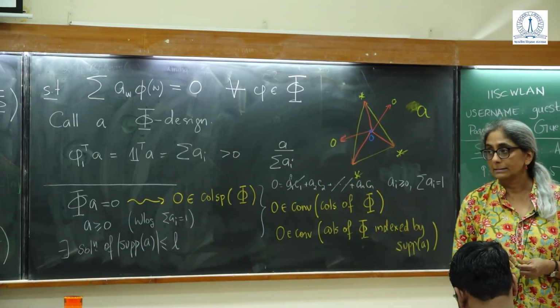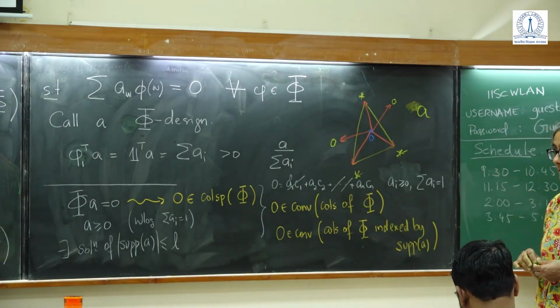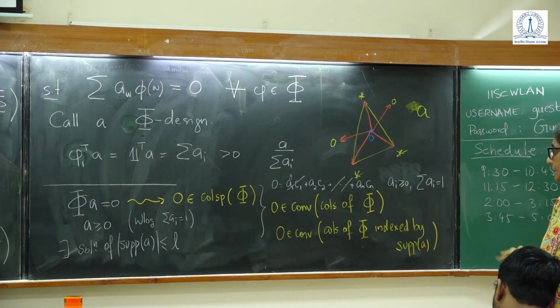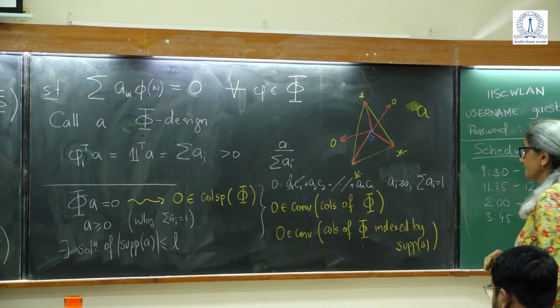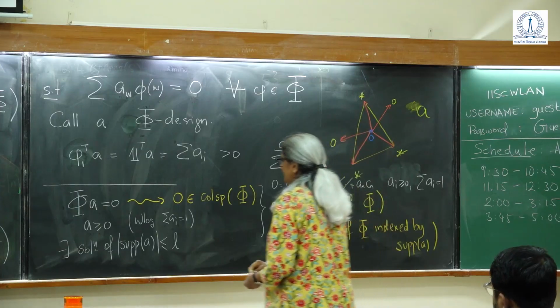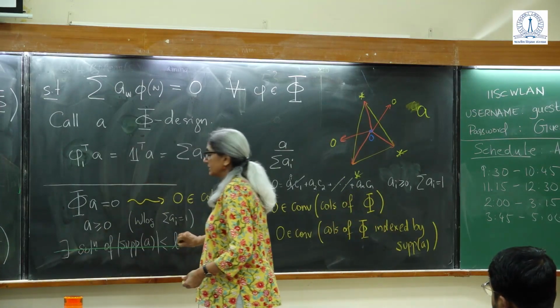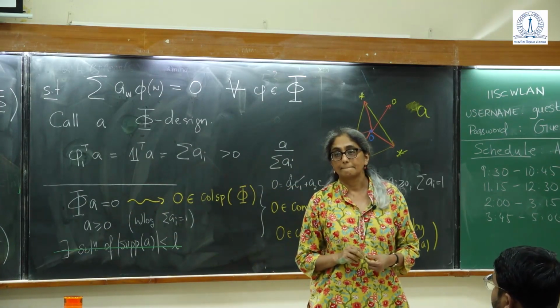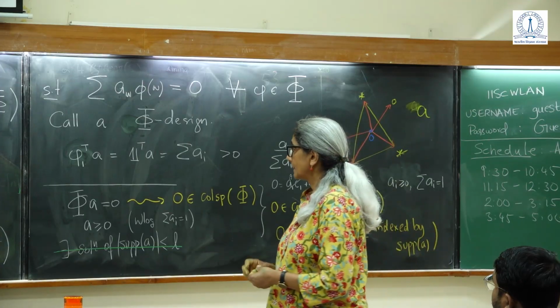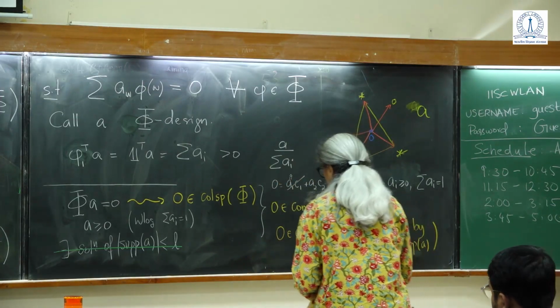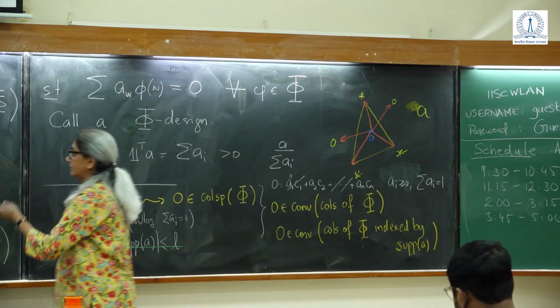So what is the support of A less than or equal to L plane? At this moment, nothing, right? Dimension of B is n by L, right? Dimension of the matrix B in this process. Yeah, all the columns of phi2 to phiL. Exactly.